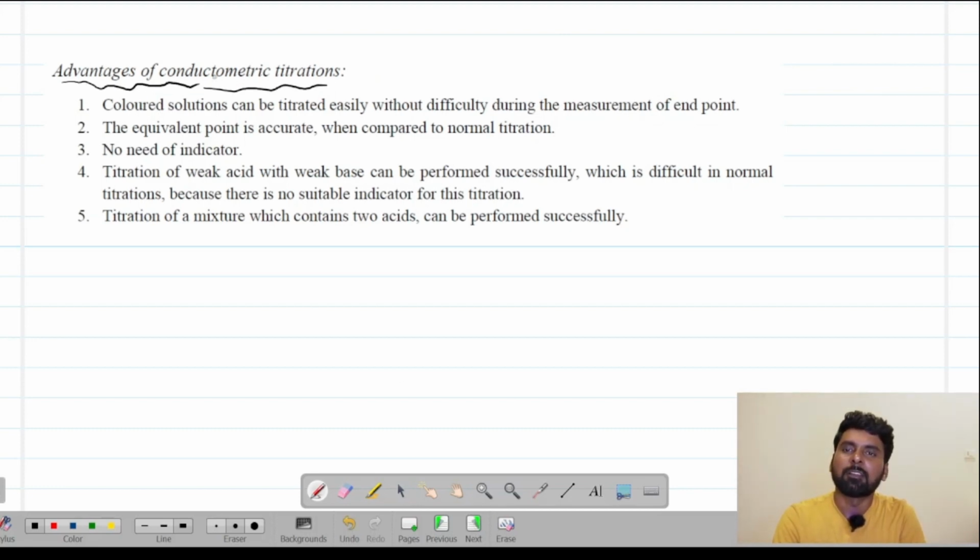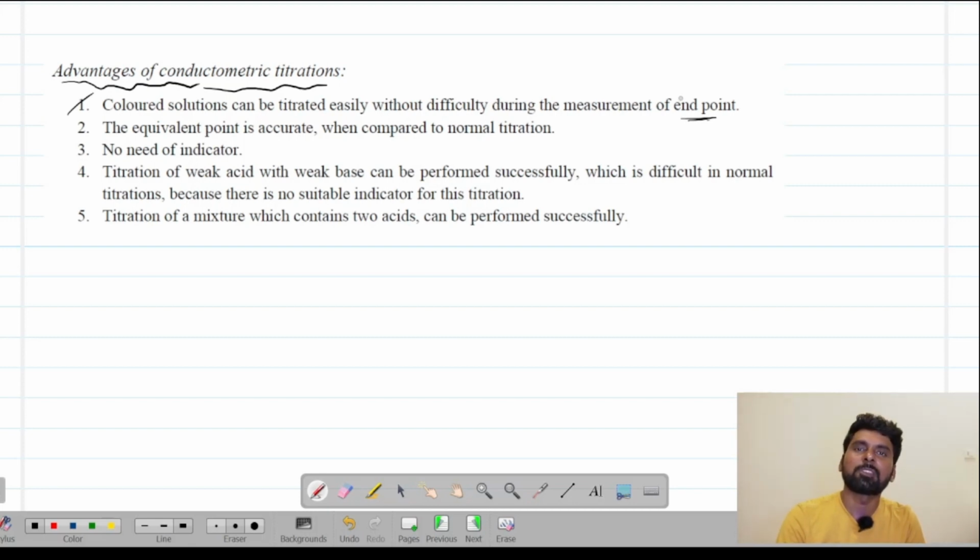What are the advantages of conductometric titrations? Five advantages are there. One is that colored solutions can be titrated easily, without difficulty in measuring the endpoint. In normal titration where you add an indicator, for suppose phenolphthalein, it generally gives a pink color in basic medium.